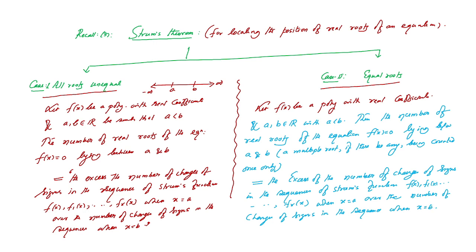So these are the Sturm theorems that we need to recall, and by using this theorem we can find out the position or the location of the roots.